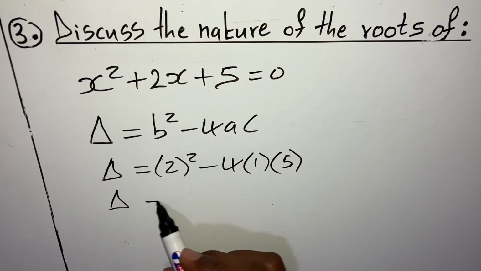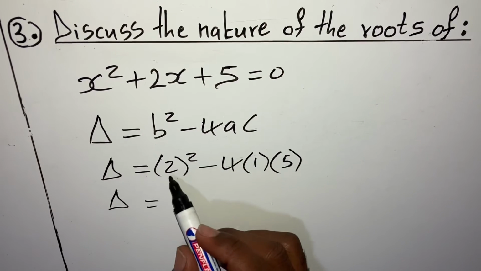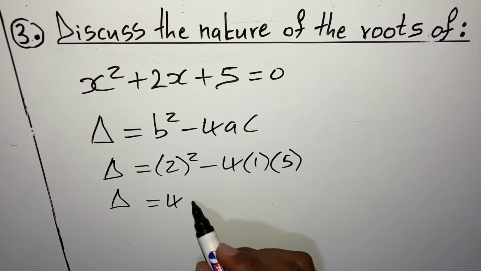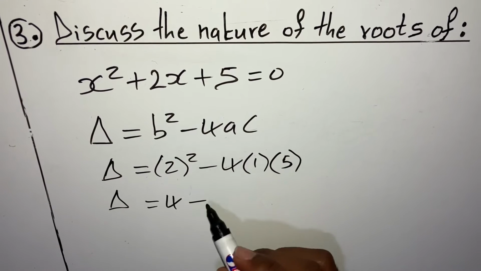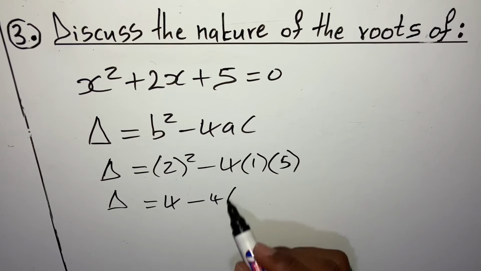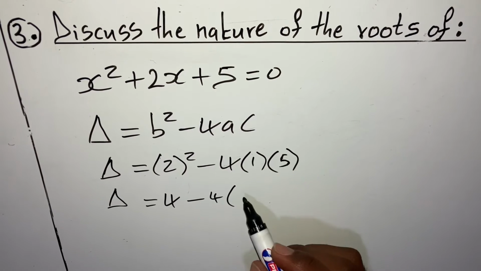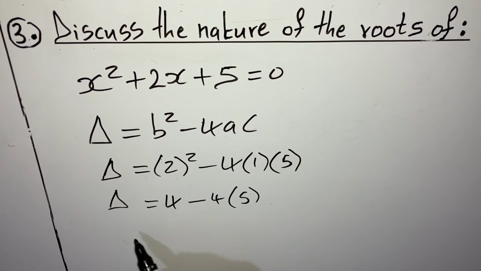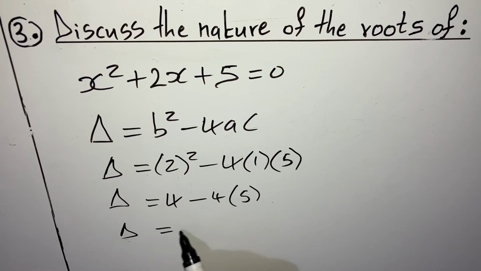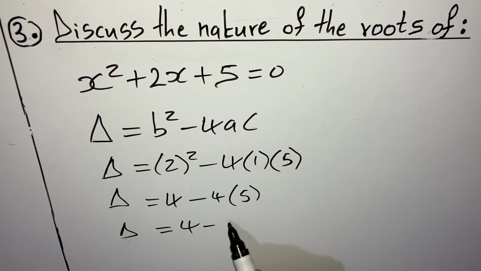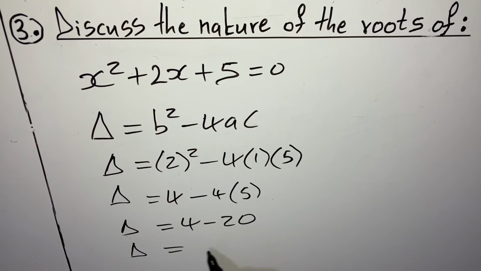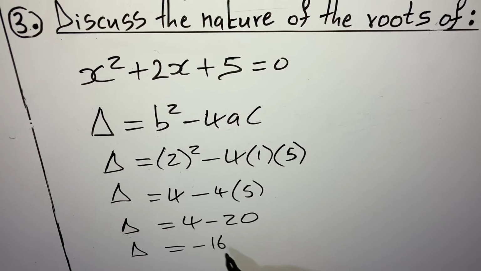Then from here we continue to say 2 squared is 4 minus 4 times 5. So my delta is equal to 4 minus 20. Then my delta is equal to negative 16.